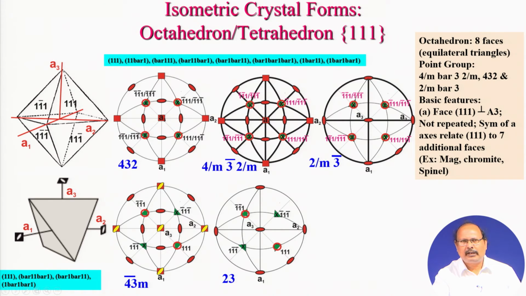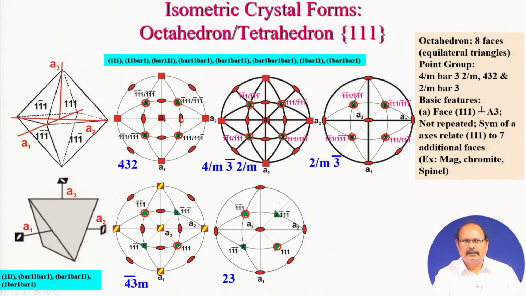Once you generate a cross here, the vertical fourfold axis will rotate this cross and will produce a cross here, here, and here. So, you have 3 more faces which intersect the negative direction of A3 axis generated here.